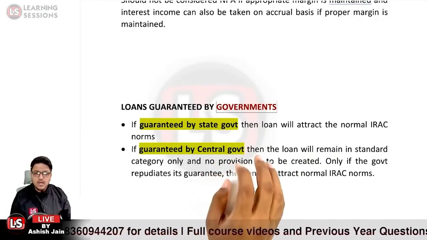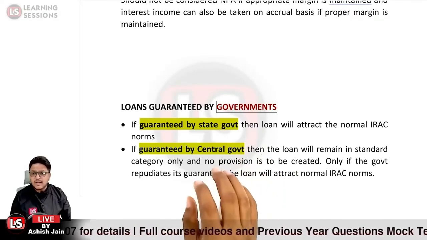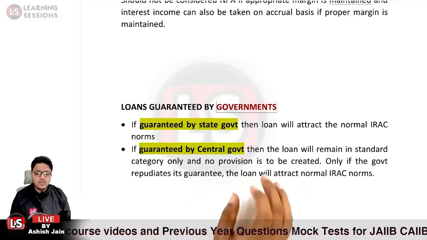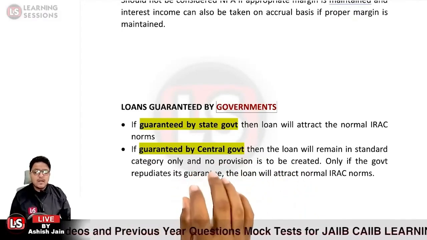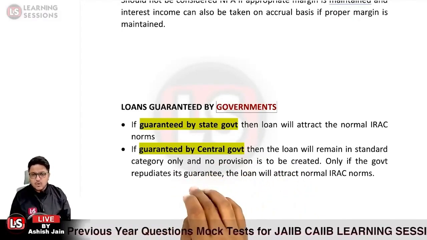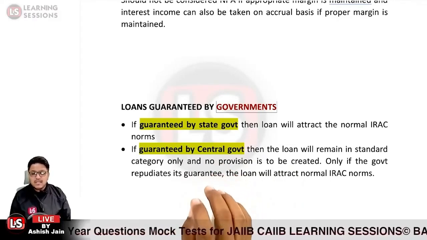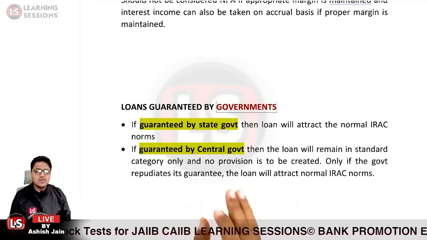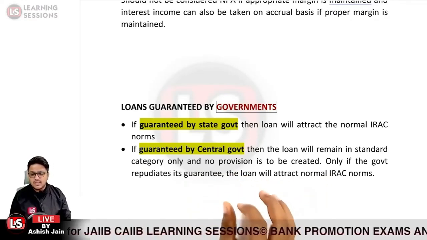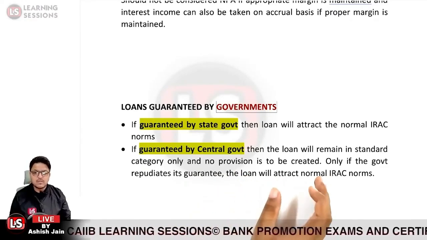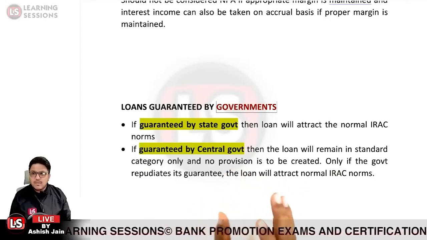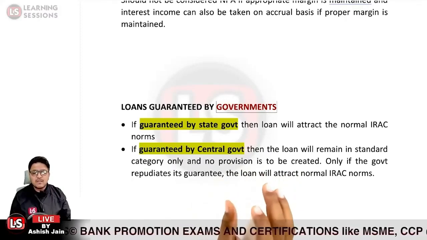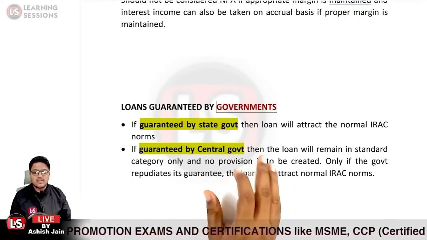The account will remain under the standard category only, and no provision is to be created, unless the government cancels or repudiates the guarantee. In that case, it will attract the normal IRAC norms, that is the income recognition and asset classification norms. Otherwise, no provision is to be created, and the account will remain under the standard category only.